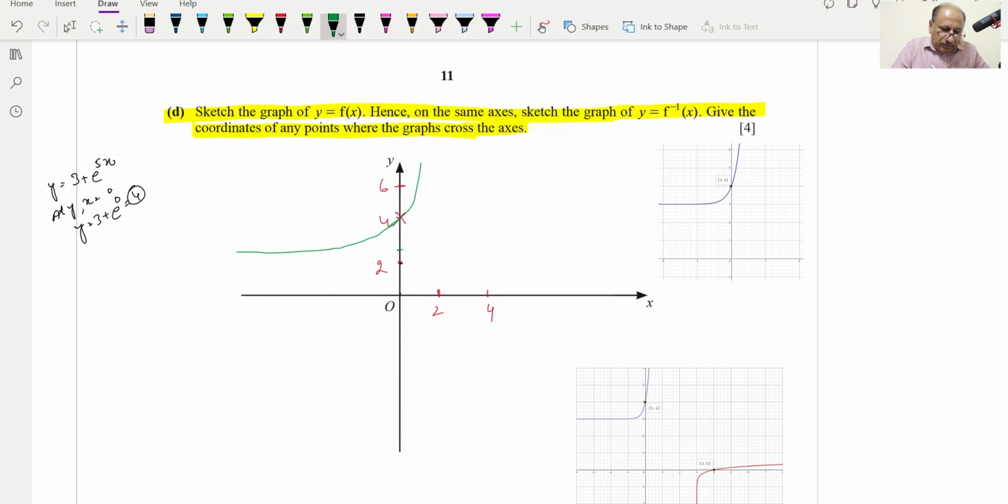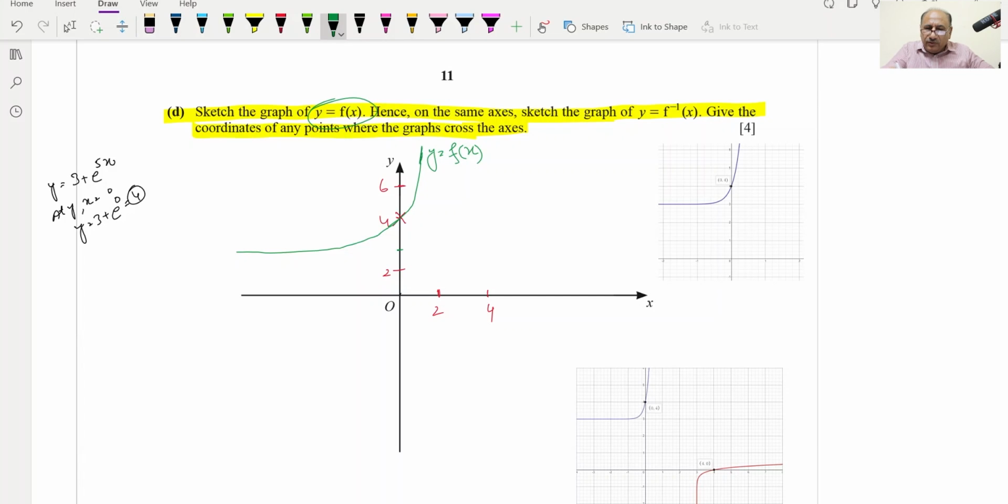Roughly, I've sketched these points, 2 over here, 4 over here, and this will be the curve, and from here it's going sharply up. This is our y is equal to f of x curve.